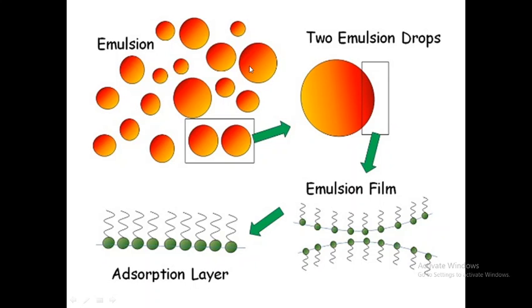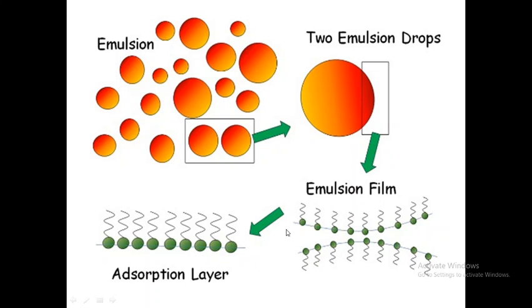The surfactant forms a film around the droplets of the dispersed phase, that is, the oil droplets, in such a way that the polar head of the surfactant orients towards the aqueous dispersion medium and the non-polar tail of the surfactant orients and dissolves in the oil globules.